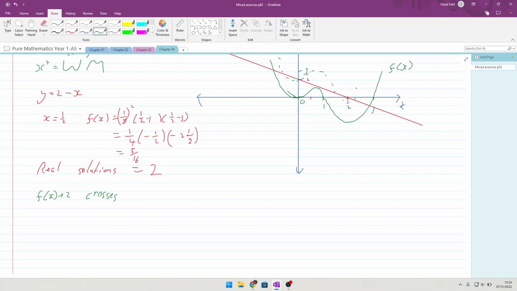And we only want to know where it crosses the y-axis, so no great drama. It was crossing at 0, 0 for f of x, and so f of x plus 2 crosses at 0, 2. Okay.